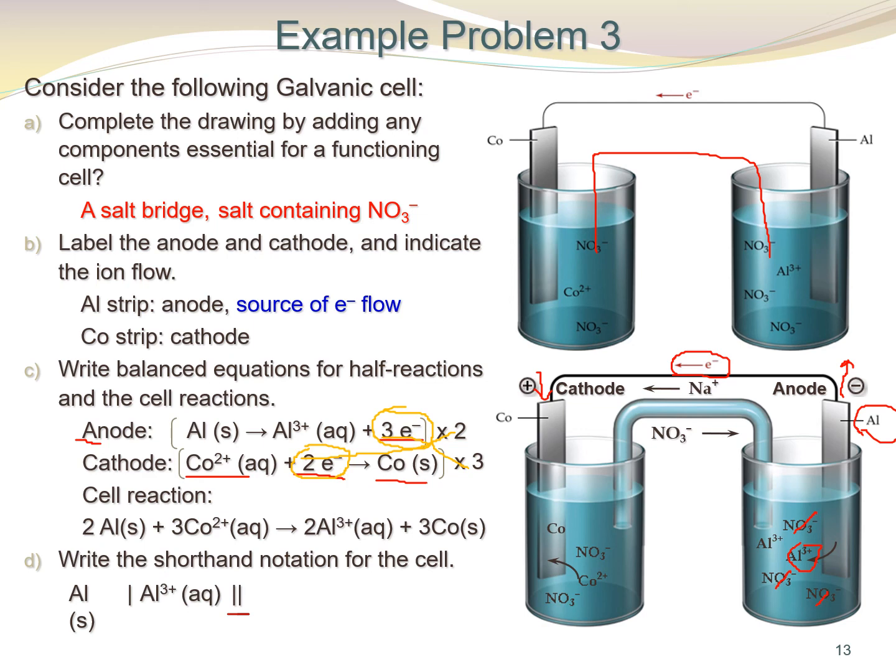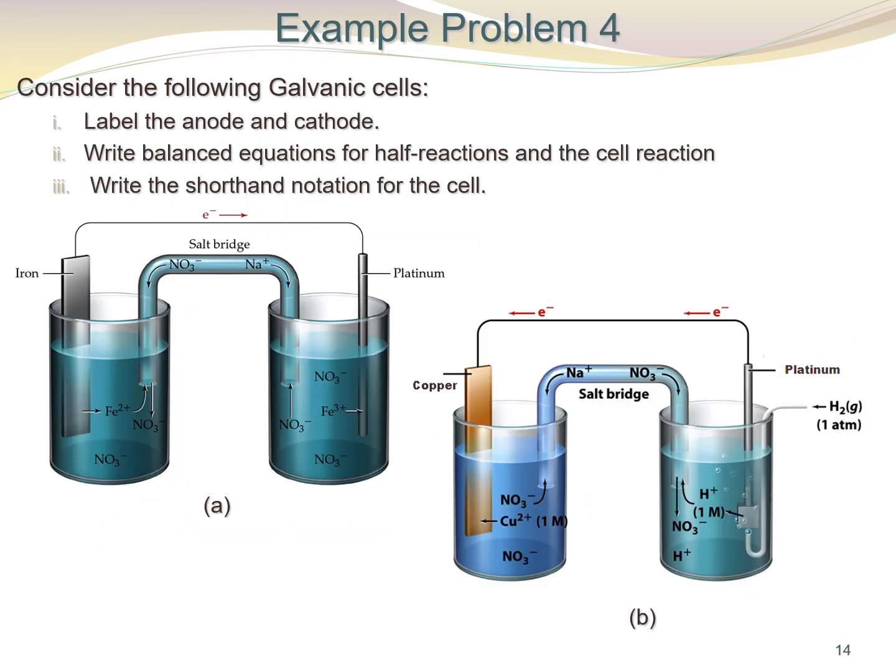So after it obtains electrons, it becomes the reduced species, cobalt, which just happens to be an electrode. This is how we write this notation of the cell. Couple more exercises.